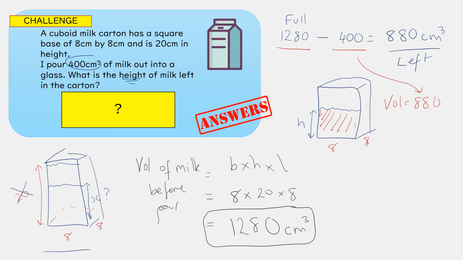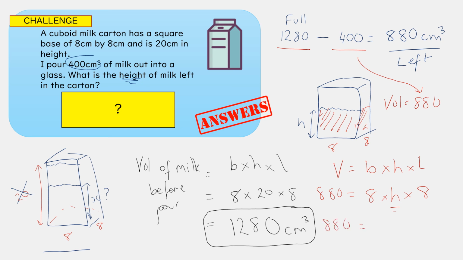So what's left in that carton when it's slightly less full is 880. So we know the volume is 880. We also know the volume is base times height times length. So we know that 8 times the height times 8 has to equal 880, and that's how we're going to find out h.